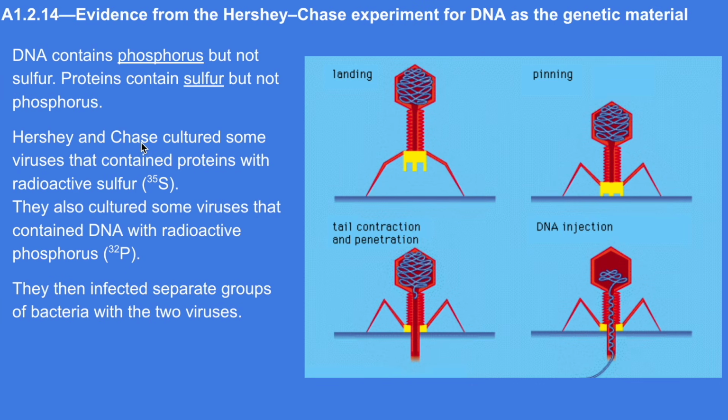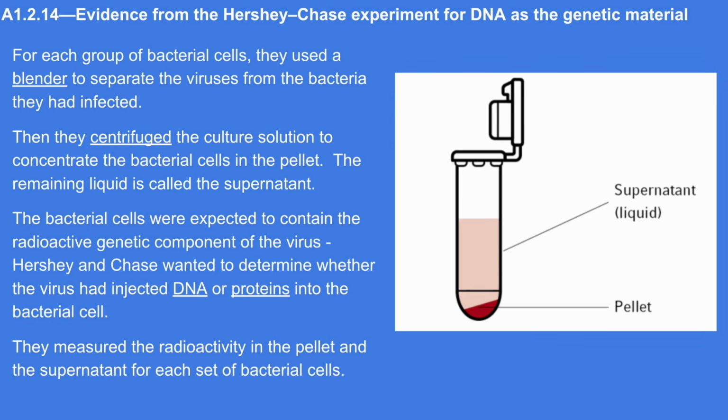And so what they did is they set up 2 experiments. In one experiment, they radioactively labeled the sulfur on the amino acids, and in the other one, they radioactively labeled the phosphorus on the DNA. They then allowed the bacteriophage to infect 2 different groups of bacteria.